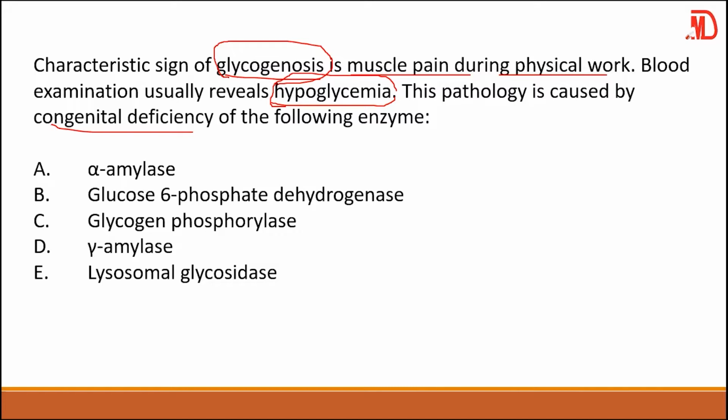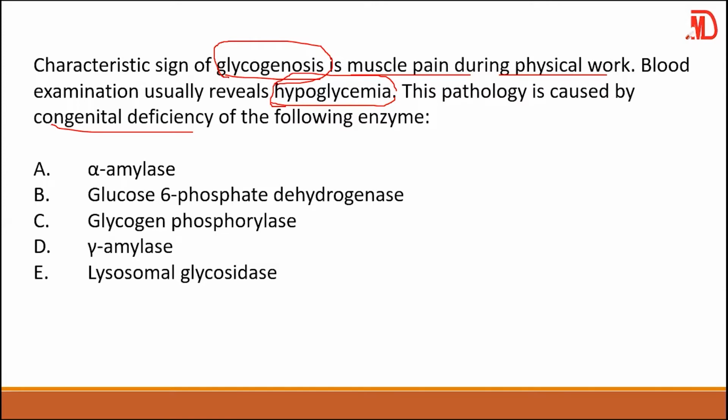Type 5 is caused by a deficiency of glycogen phosphorylase. So in the case whereby there is muscle pain during physical activity, and as a result there's hypoglycemia, that means there is a low amount of glucose inside the blood.